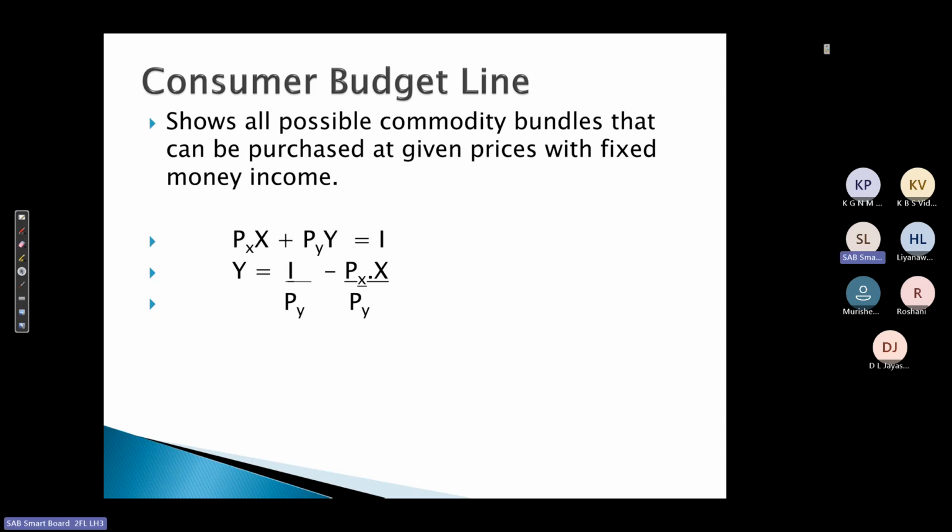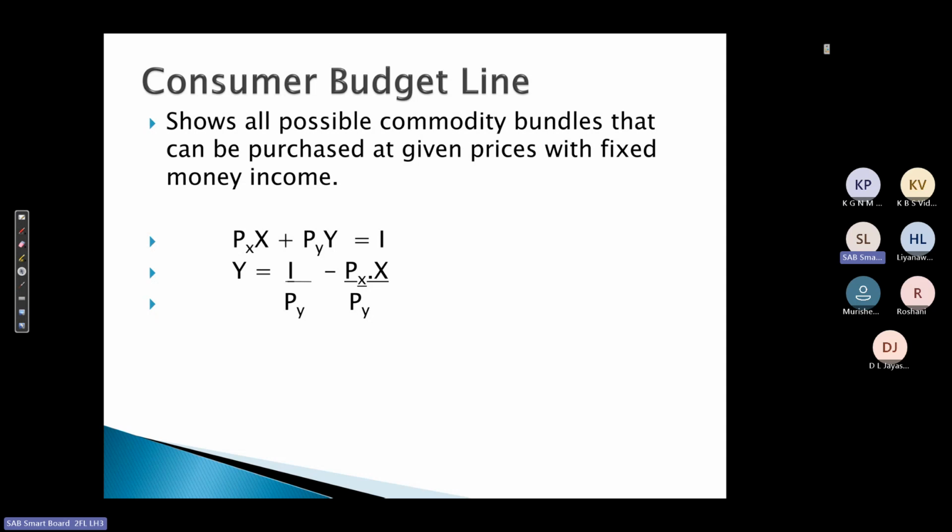In this linear equation, what is it? That is the slope. So this is the slope of the curve explained by PX over PY. PX over PY means the price of the two goods, which is called the price ratio between the two goods.